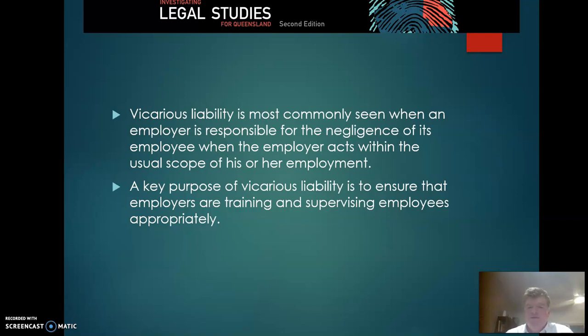And the idea of vicarious liability is that employers should have a responsibility to train and supervise their staff members. So if you see a situation where the training or supervision hasn't been as good as it should be, you're really saying, well, probably some of that fault rests with the employers, and that might be part of the action. So they're the key notes that I wanted to go through with you today and for you to have access to.